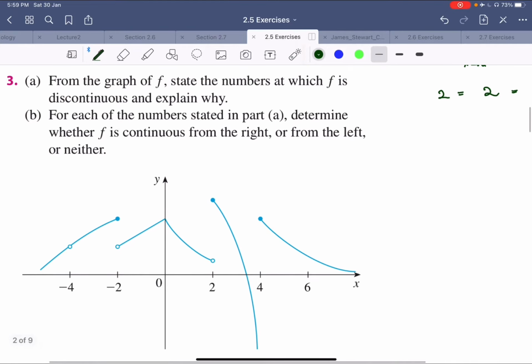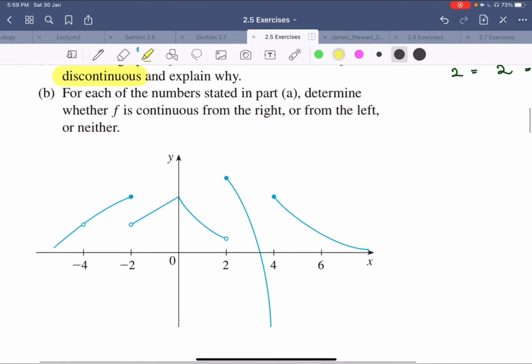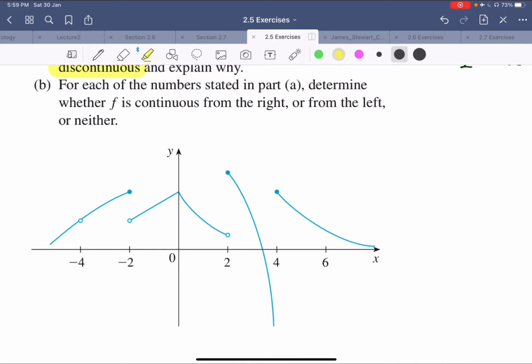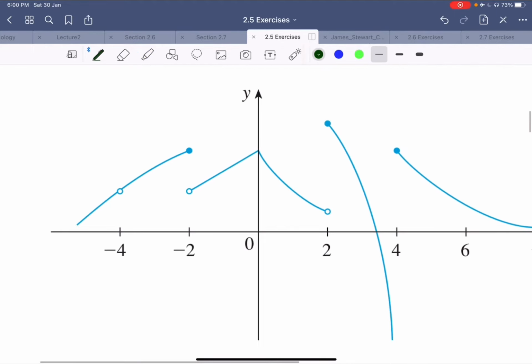Now here: from the graph of f, state the numbers at which f is discontinuous and explain why. So it's not continuous. We have to check first the image, and the limit from the right and from the left. We will start from left to right. From the left it is continuous, then we reach x equals negative 4.